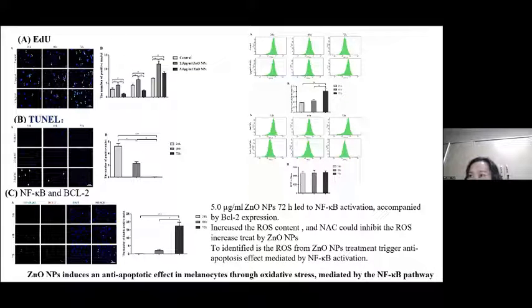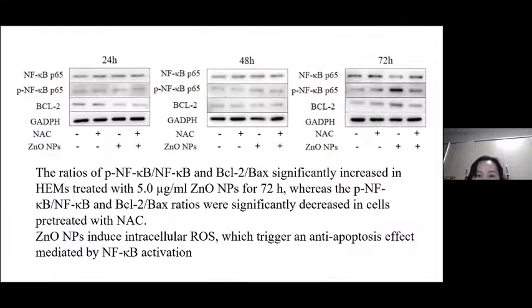To identify whether the ROS from the nanoparticle treatment triggers an anti-apoptosis effect mediated by NF-κB activation, we do Western blots to examine it. After a series of experiments, we can see zinc oxide nanoparticles induce intracellular ROS, which triggers an anti-apoptosis effect mediated by NF-κB activation.